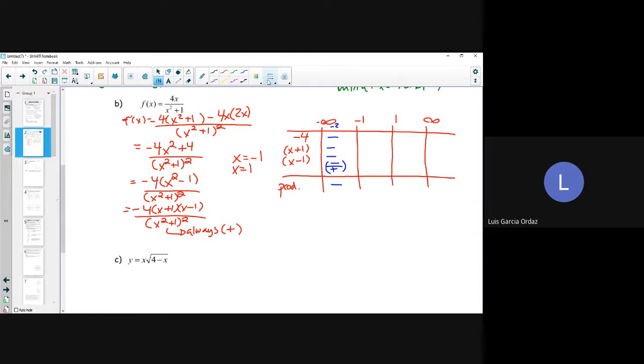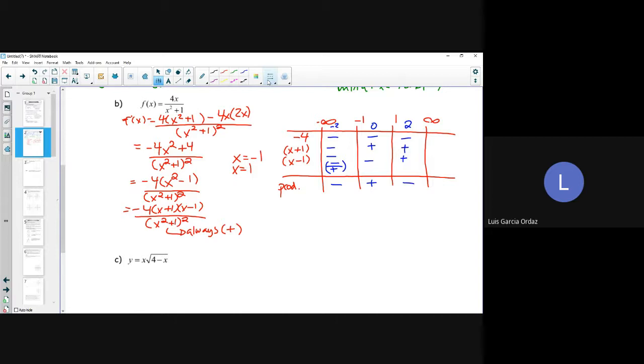So if I pick 0, I get negative, positive, negative, which means that I get a positive divided by a positive. So I get a positive as my result. And then I get a number bigger than 1, which let's say is 2. This is negative, positive, positive, and this is negative.